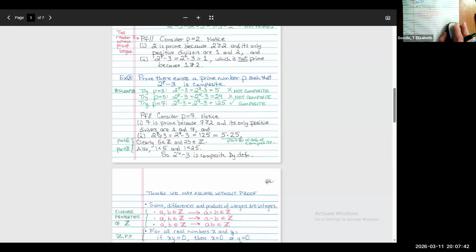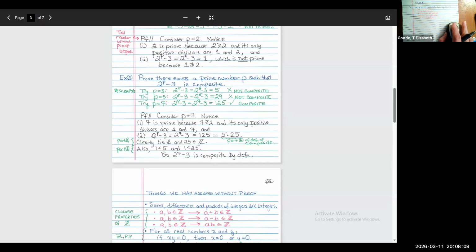So notice, 1, 7 is prime because 7 is greater than or equal to 2, and its only positive divisors are 1 and 7. You can't just say 7 is prime. You have to talk about its divisors only being 1 and 7.